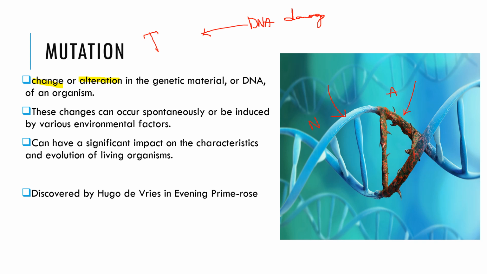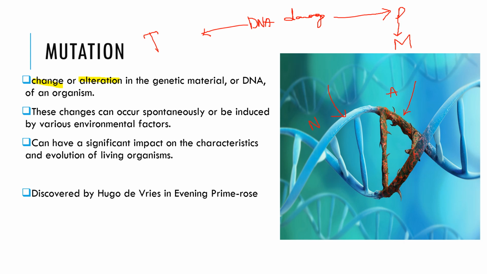But if the damage is not removed and it's permanent, it will lead to mutation. Permanent means the DNA damage is not removed by repair machinery and becomes part of the next cycle of replication. If it is permanent, it will lead to mutation.